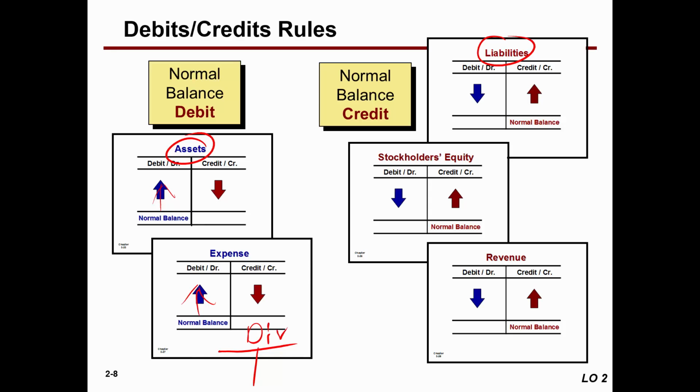That's not listed here. Increase with debits, reduce with credits. Liabilities use the same rule as revenue. Here, instead of stockholders' equity, let's say the common stock account. All of these are increased with credits and decreased with debits. So you gotta know this rule, otherwise you won't be able to journalize, or what we call record transactions.